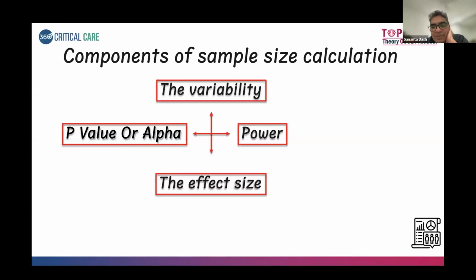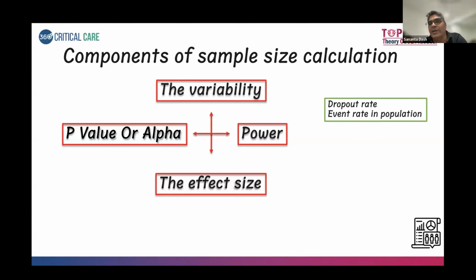These are the 4 parameters that importantly come into play when you are calculating a sample size. There are 2 other factors also. If many people drop out of the study, then you have to preemptively enroll more people. So dropout rate, and also you look for event rate in the population.